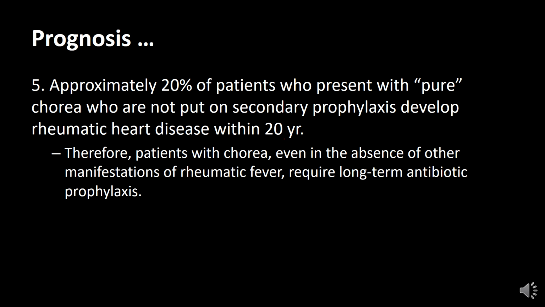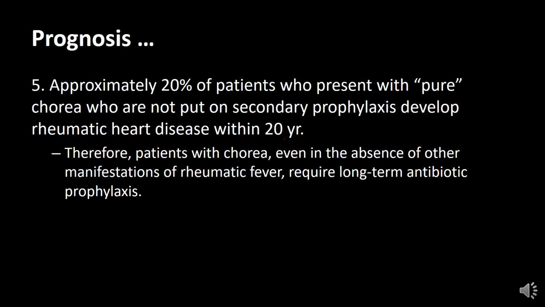And then we said a child who presents with chorea must be closely monitored for any evidence of developing carditis. And now we are saying that 20% of the children who present with chorea only are likely to develop carditis or rheumatic heart disease within 20 years going forward.